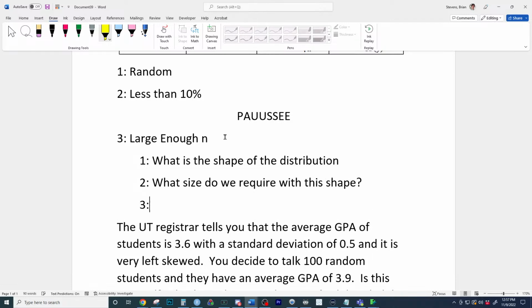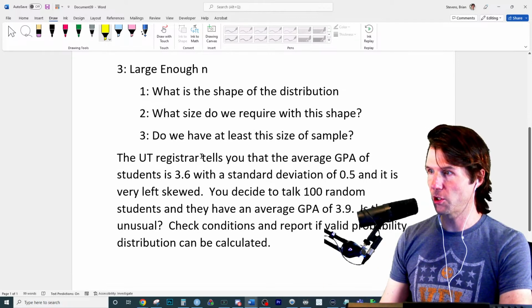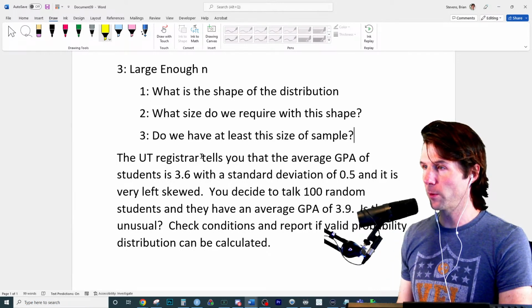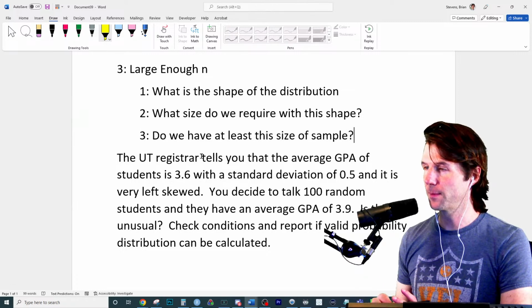Step 3, do we have at least this size? So to check the large enough n condition, the first thing you need to know is the shape of the original distribution. What is the shape of the original distribution here?